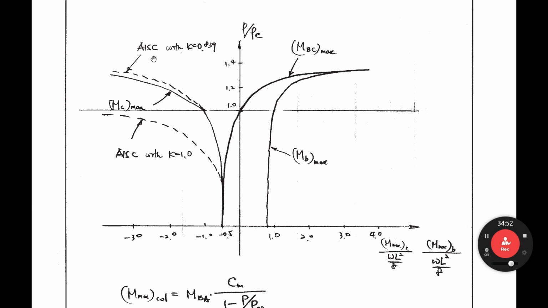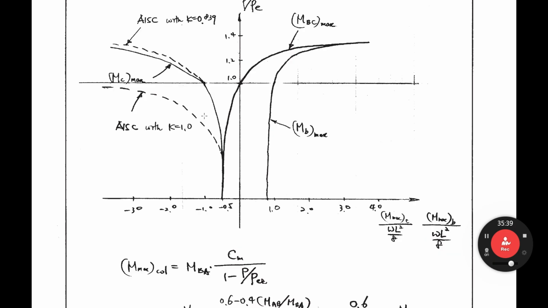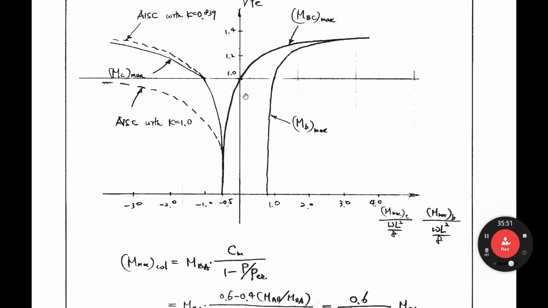If we use the AISC equation with the K factor, you learned this K factor calculation from undergraduate study, and you will also learn it later on. If you calculate the K factor, the effective length factor, it equals 0.839. Then you have a very close value, the AISC curve, compared to the exact values. If we assume the K factor of this column equals 1.0, then it overestimates the moment.